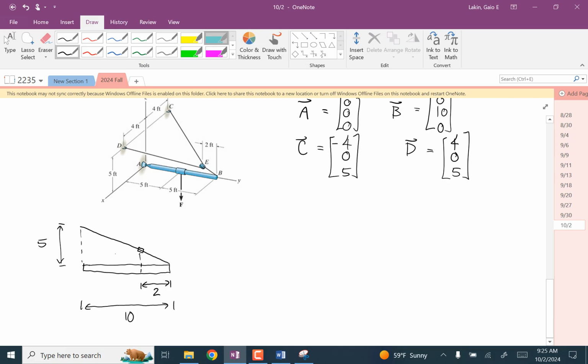From this side view, both of these two parts of the cable lie along that same line. And so this small triangle is similar to this bigger triangle. The height of the big triangle is half of the length of the big triangle. So for the little one, that has to be half of this length. And so that distance here is 1 foot.